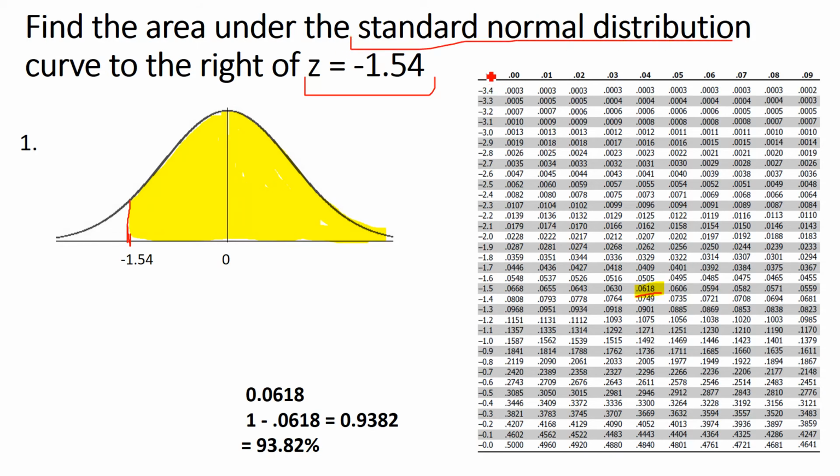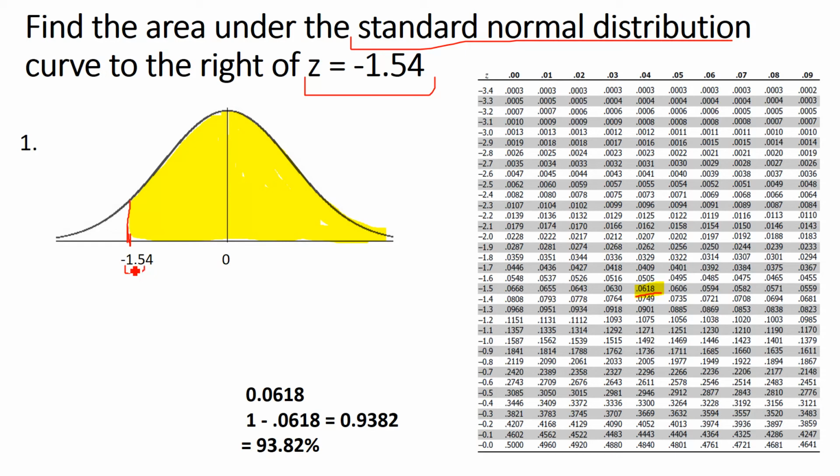And this is the z value column. There are positive and negative z values, starting from negative 3.4. So this is negative 1.54, that is why we are looking for the negative number. For 1.54, I will show you how to consult this table.